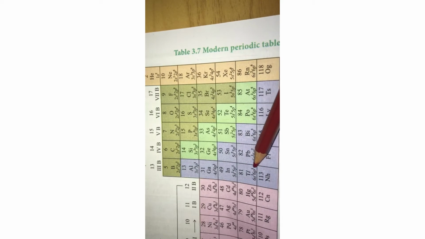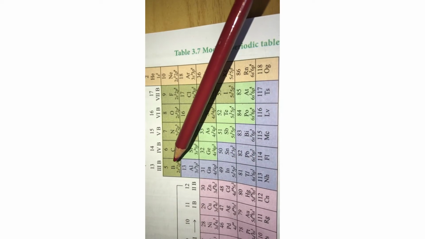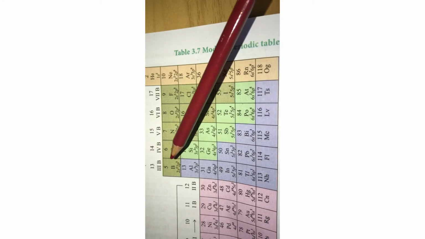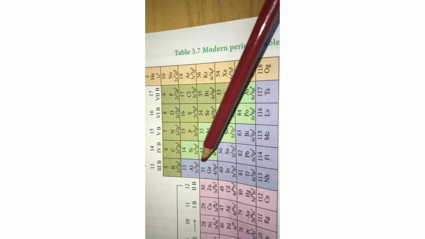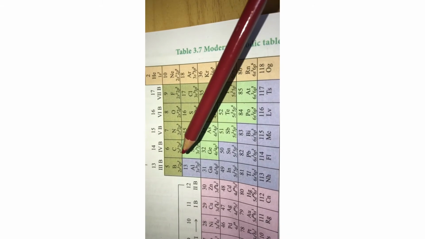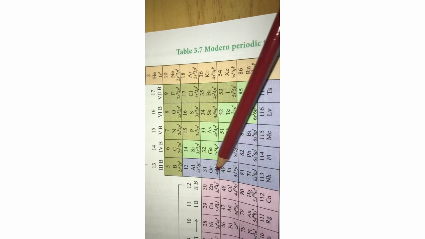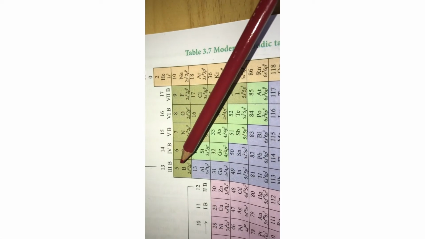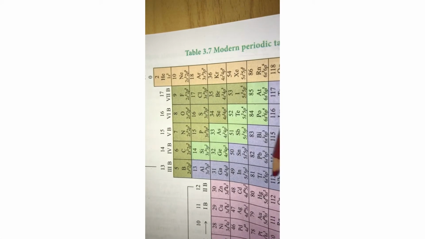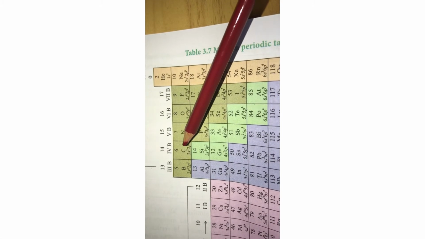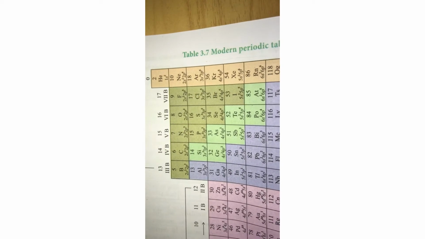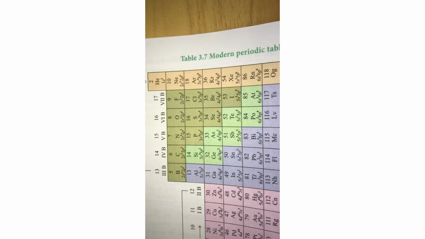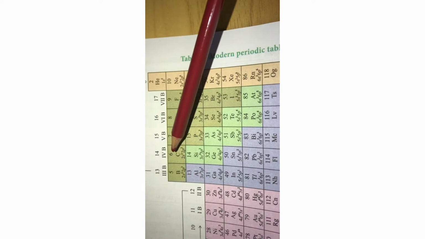Starting from boron 2s2 2p1 and ending with 6s2 6p1, all elements in the boron group contain 2 electrons in the s orbital and 1 electron in the p orbital. So the general electronic configuration of the boron group is ns2 np1. Next is the carbon group. Carbon, atomic number 6, has 1s2 2s2 2p2.